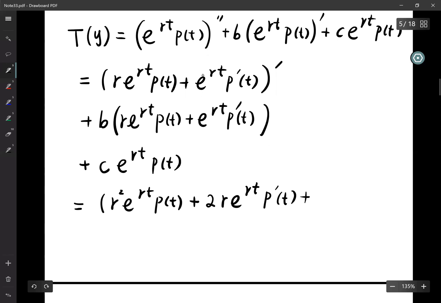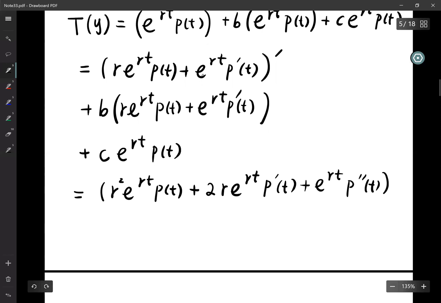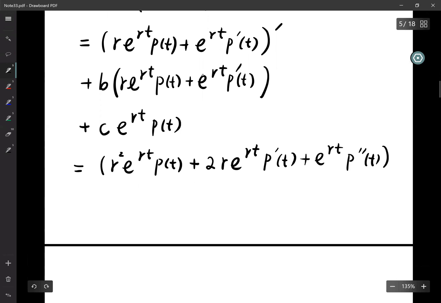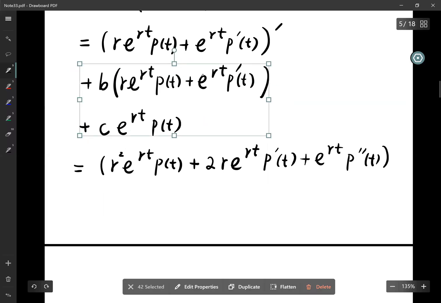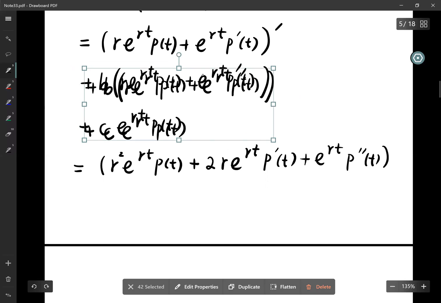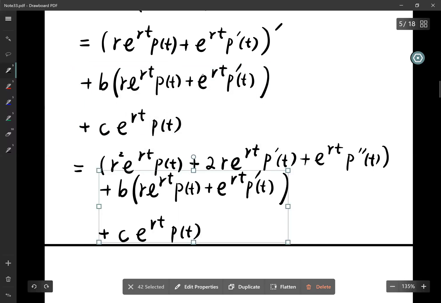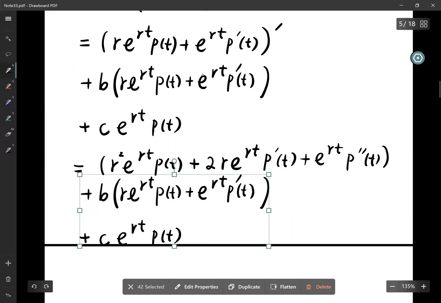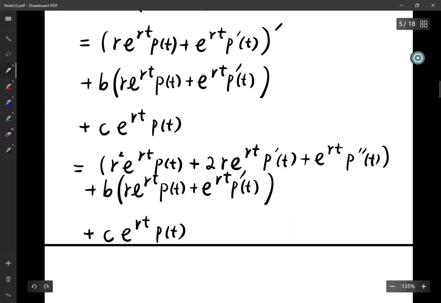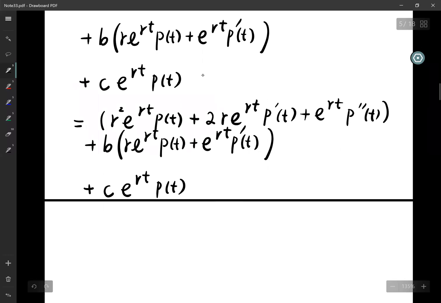Finally, I have the derivative with respect to p'(t), so I have a p''(t). Remember that every time I take a derivative of the polynomial, the degree decreases by 1. Then I just copy this thing down because there's no derivative. Okay, slightly messy. Everyone still following?